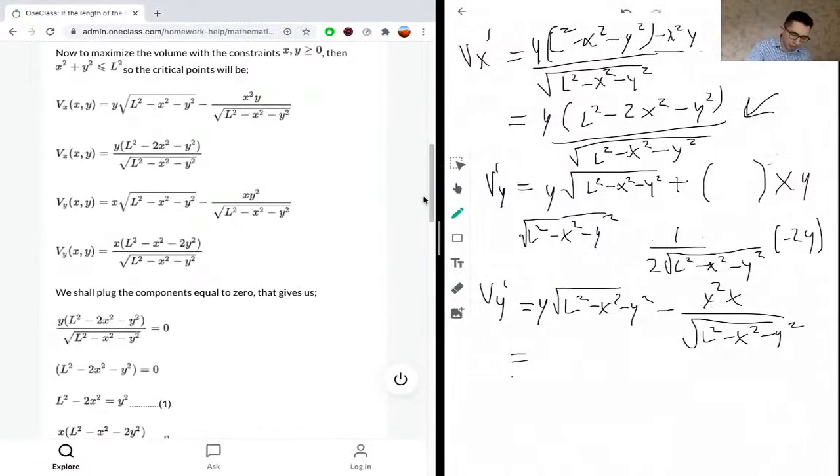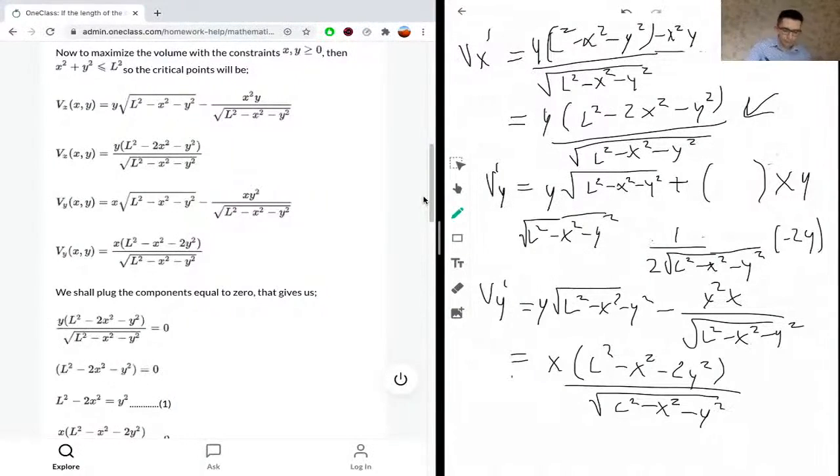So we'll end up with x, L squared minus x squared minus 2y squared, with the square root of L squared minus x squared minus y squared. So this is kind of the derivative of the volume with respect to y. Now that we've completed this step, we have this equation, and then we have this equation, which are the two important equations that we need.